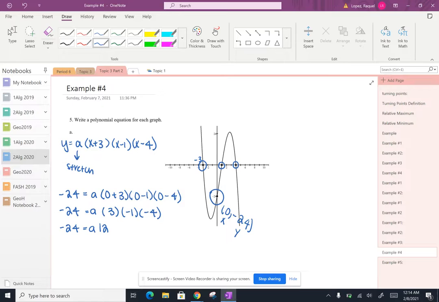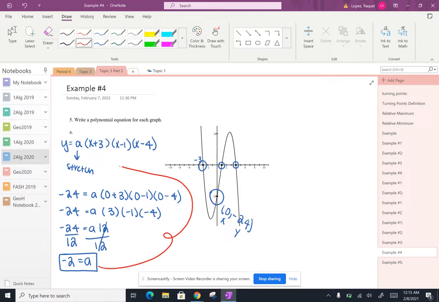Okay. Now, to solve for a, I just have to divide by 12 on both sides. And -24 divided by 12 is -2. So I figured out what my a is. So this a, I'm going to come back into my equation up here and substitute it up there. So my final equation for this problem is y equals -2, x plus 3, x minus 1, x minus 4.